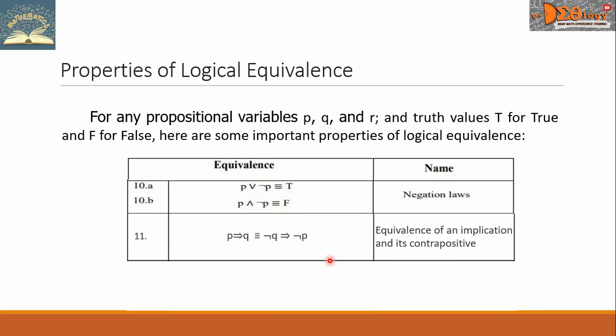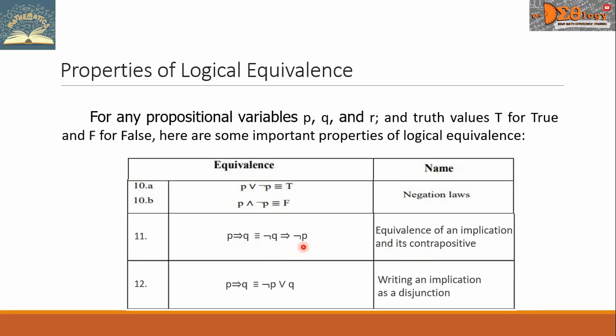Number 11 is equivalence of an implication and its contrapositive. So this is P implies Q is logically equivalent to not Q implies not P. Number 12, writing an implication as a disjunction.